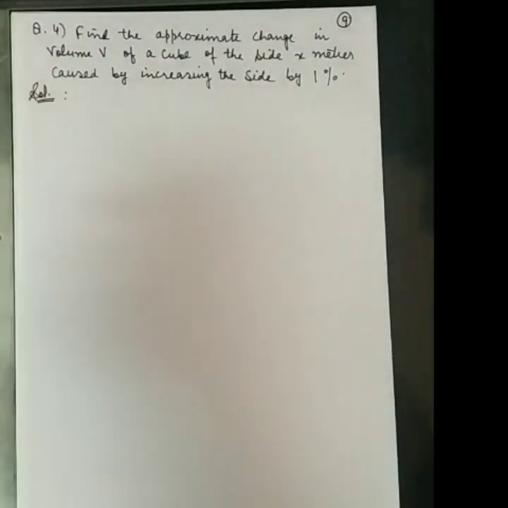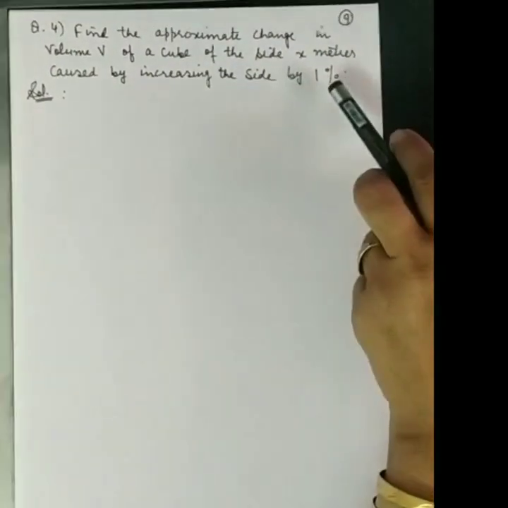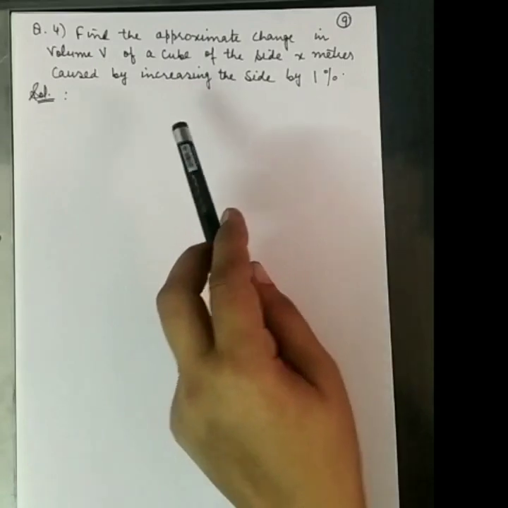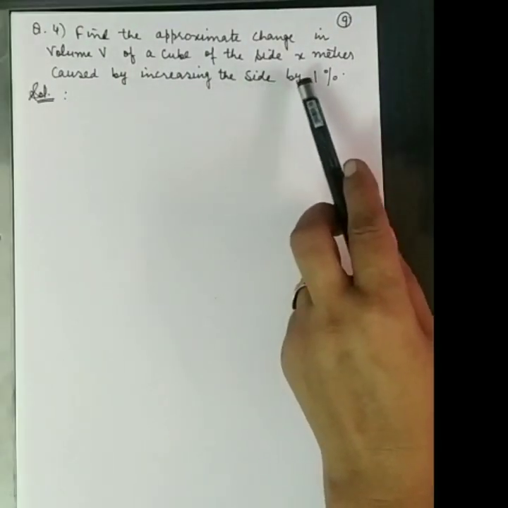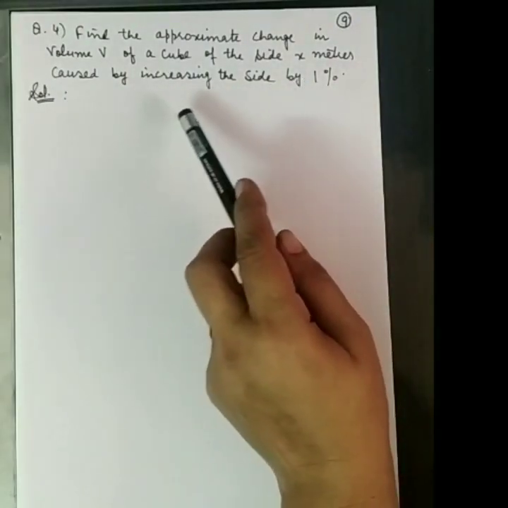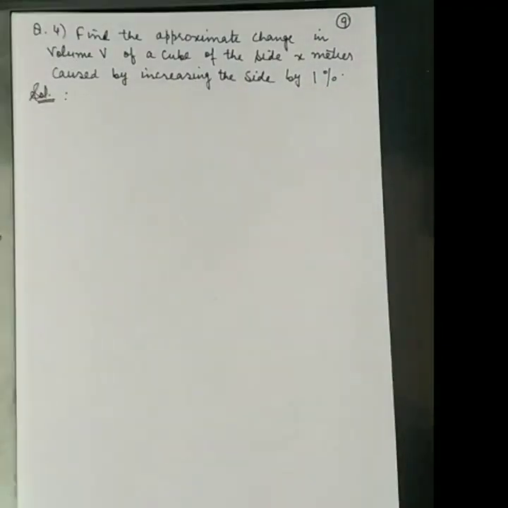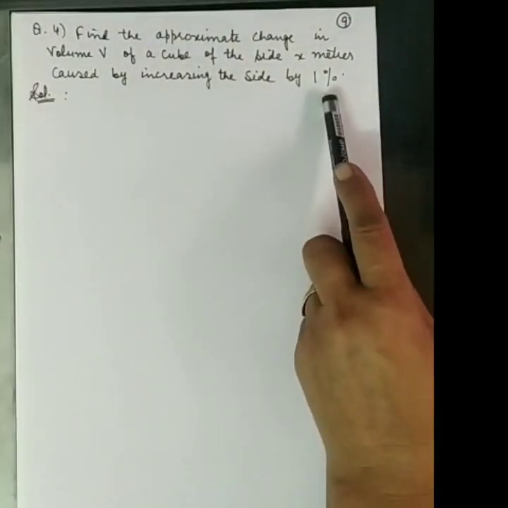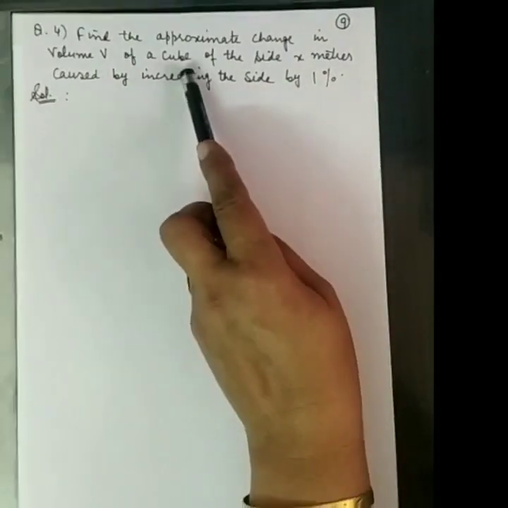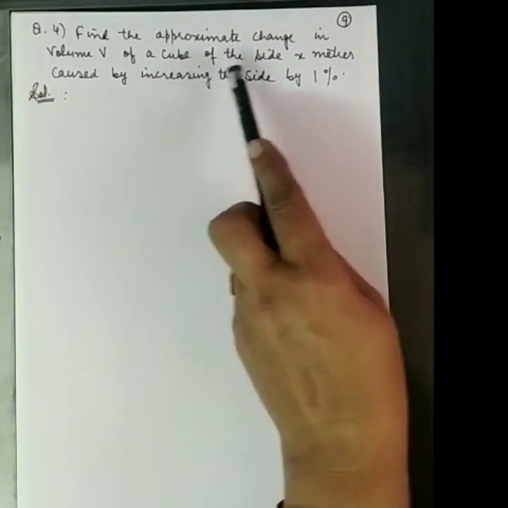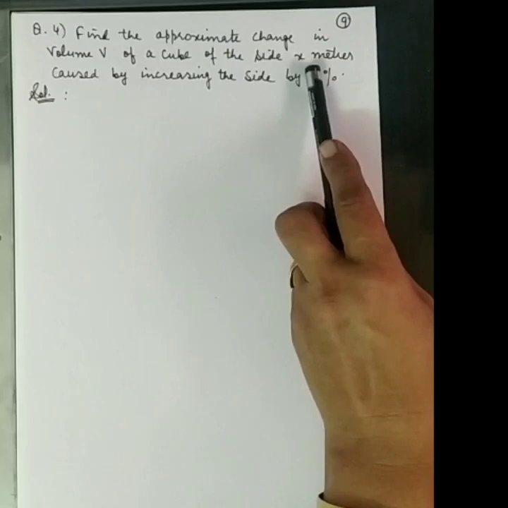Question fourth. Find the approximate change in volume V of a cube of side x meters caused by increasing the side by 1%. Now, what is given? The cube is given, and the side of cube is x meters.